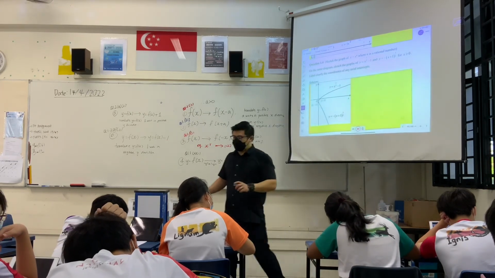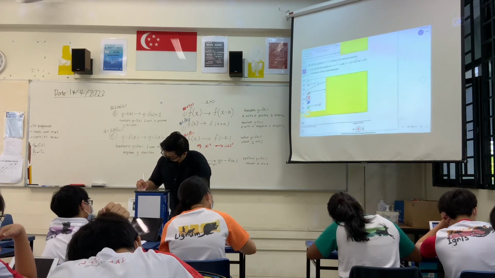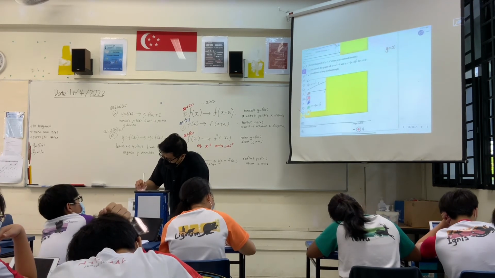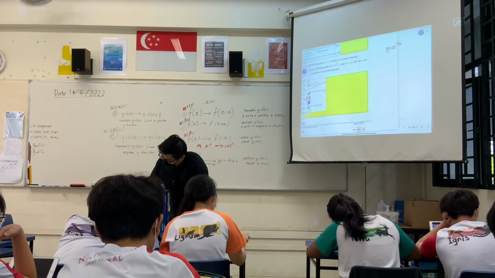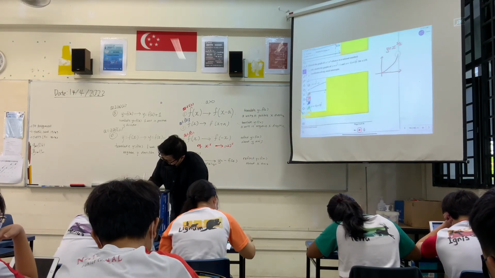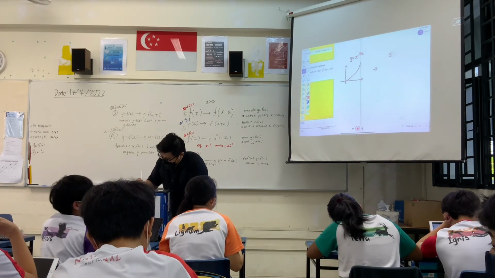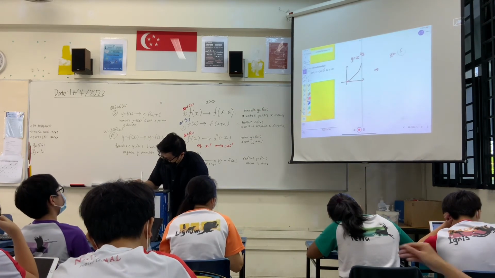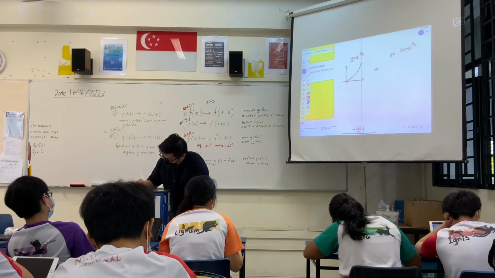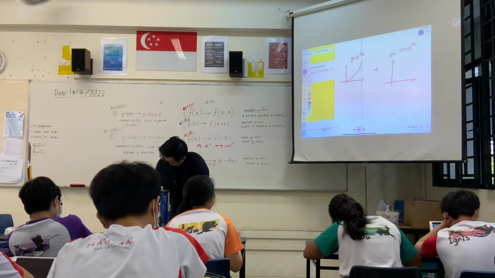From y equals x to the power of 3 over 2, the graph goes this way. Then you draw y equals x plus 1 to the power of 3 over 2. The graph goes something like that.